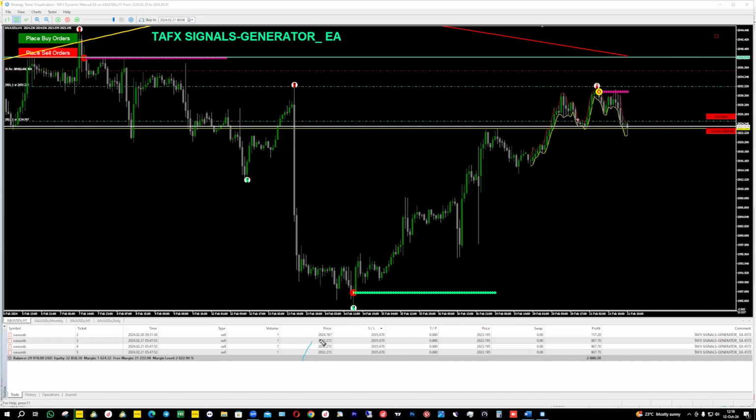You can see even the price. This one was added when the market went back after placing our signal. This is where the signal was placed. When the market reversed and touched the beginning of our order block, that is when the EA entered other positions.